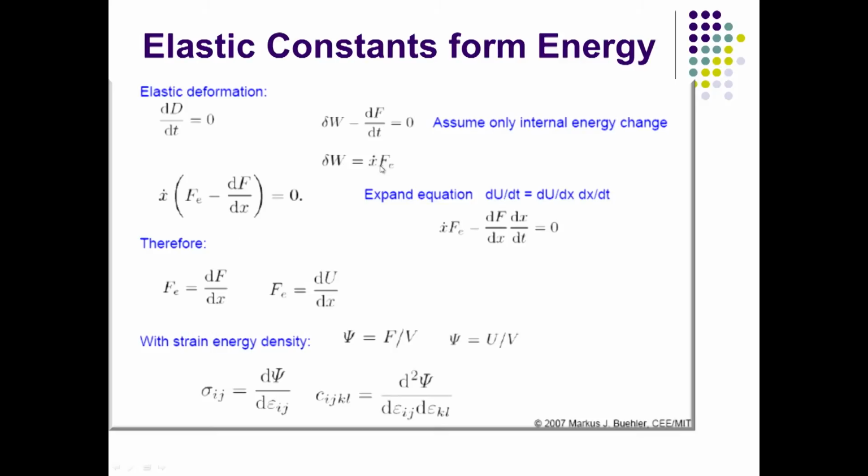Now, if you multiply the velocity with the force, you are able to come back from the Helmholtz free energy, which defines the strain energy density. Helmholtz free energy over volume is the strain energy density, and when you take the differentiation of the Helmholtz free energy with respect to strain, you get the stress. I think that is the basic concept which is used quite a bit in molecular dynamics.